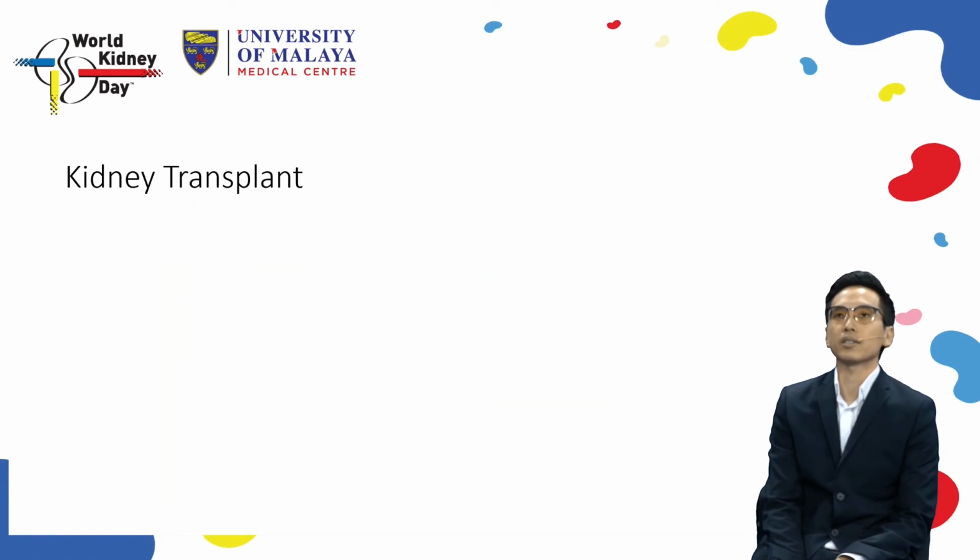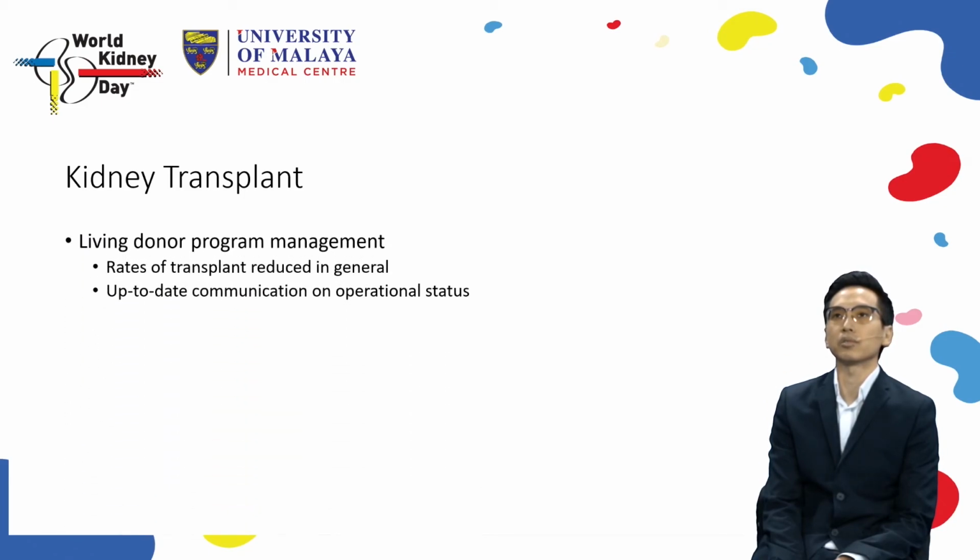So how has COVID-19 affected the kidney transplant program? Generally, we see a reduced rate of transplants, especially living donor related transplants, and hence every transplant center should have up-to-date communication regarding the operational status of their transplant programs, current practices and policies to ensure donor and recipient safety.